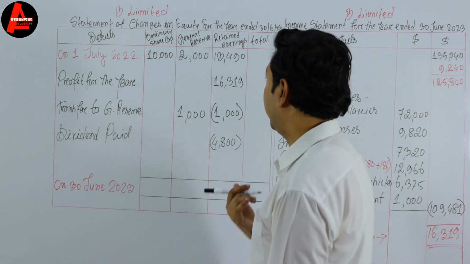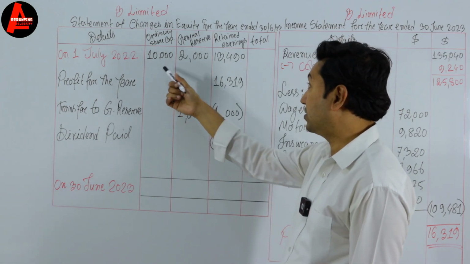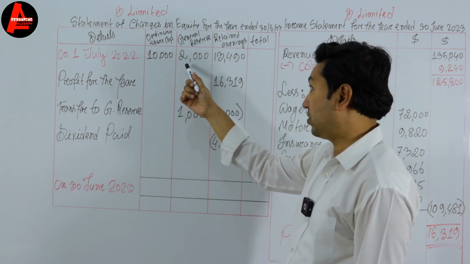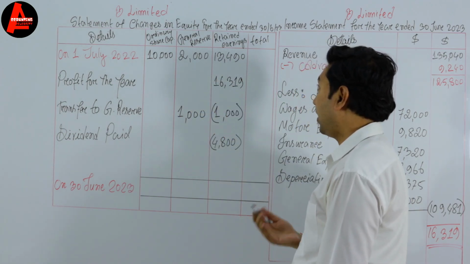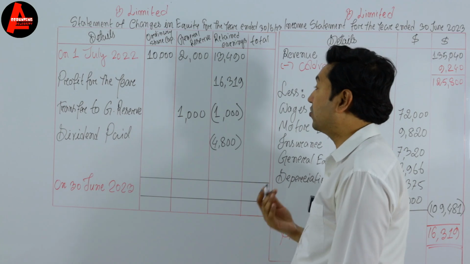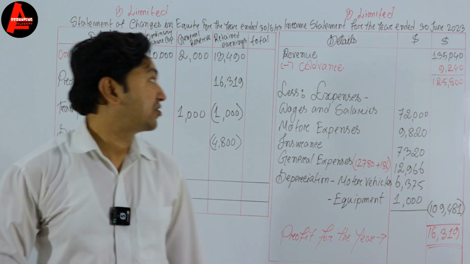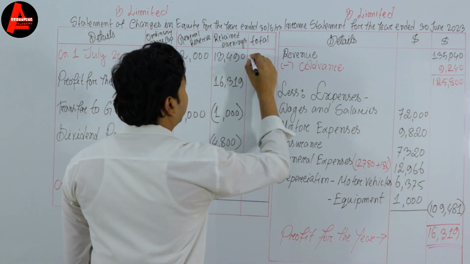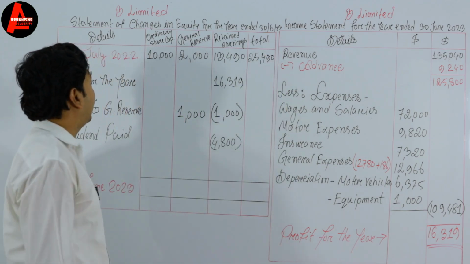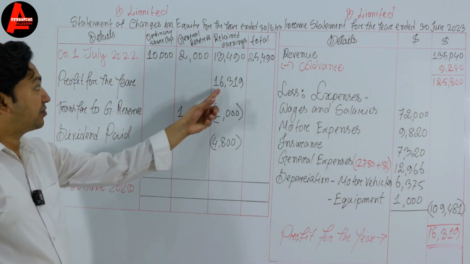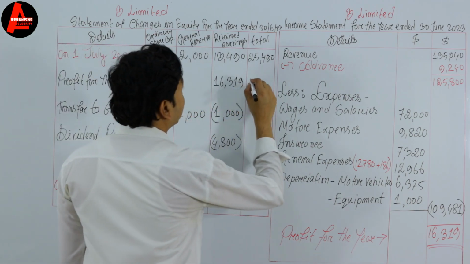First horizontally: $10,000 plus $2,000 equals $12,000, plus $13,490, so the total is $25,490. Profit for the year is $16,319, so the same amount goes in the total.